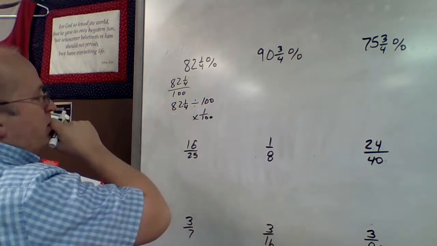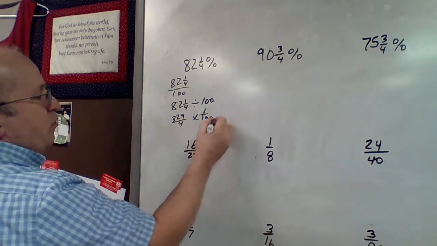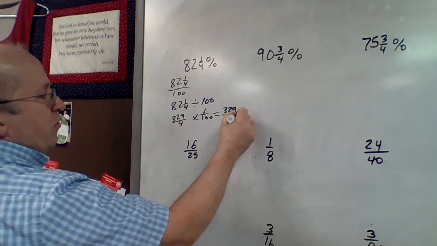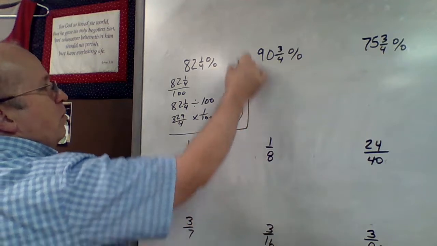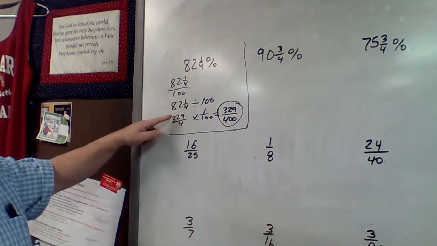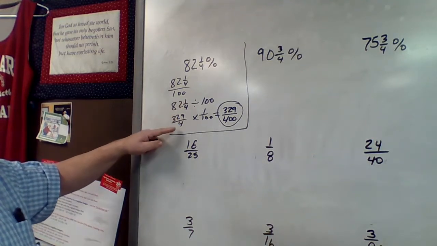And 4 times 82 is 328, so that makes 329 over 4, or 329 over 400, which already is in simplified form. 4 times 82 is 328. 328 plus the 1 is 329.